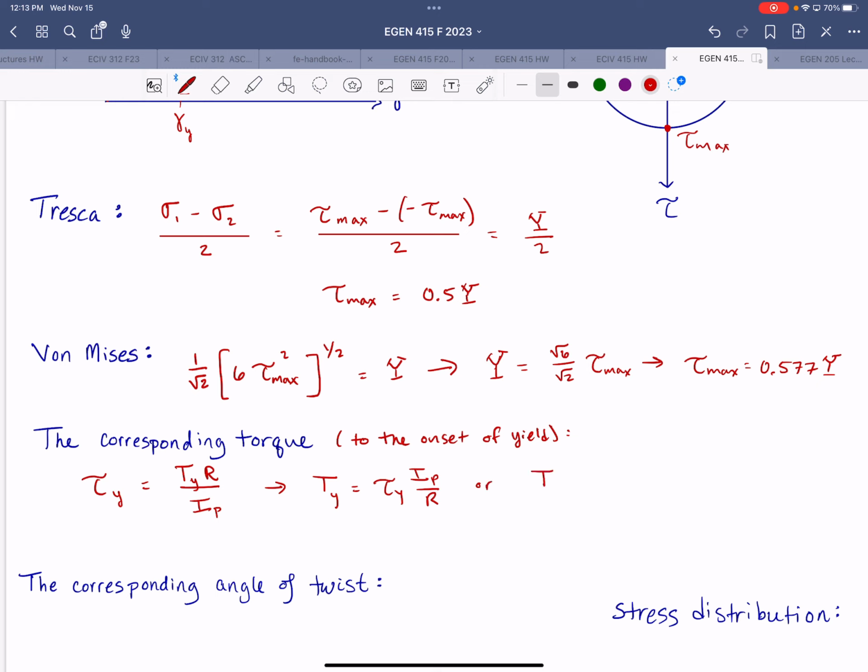We can write the yield torque is equal to pi over 2 times the yield stress times r cubed.